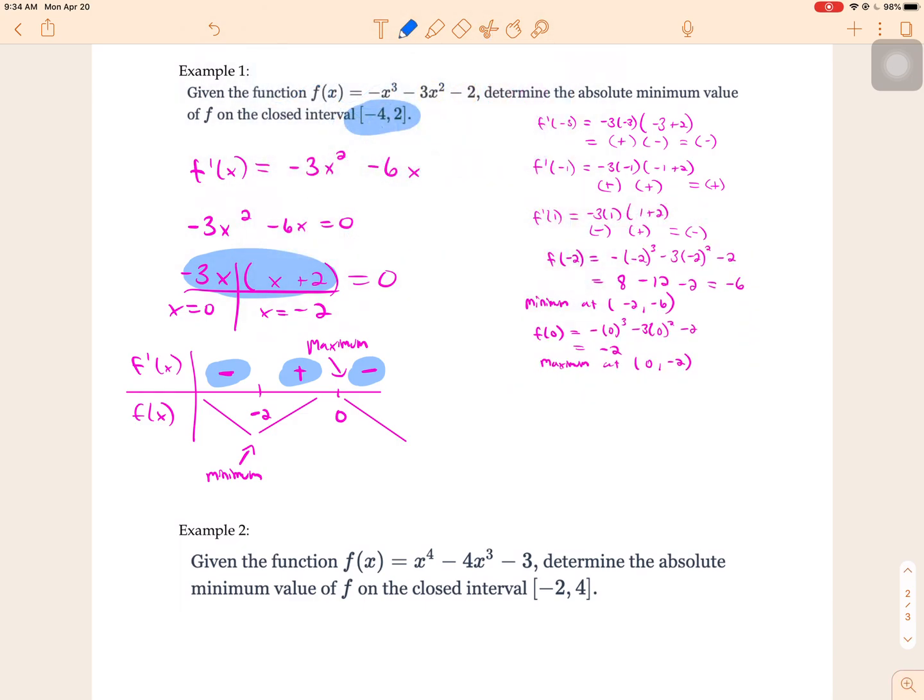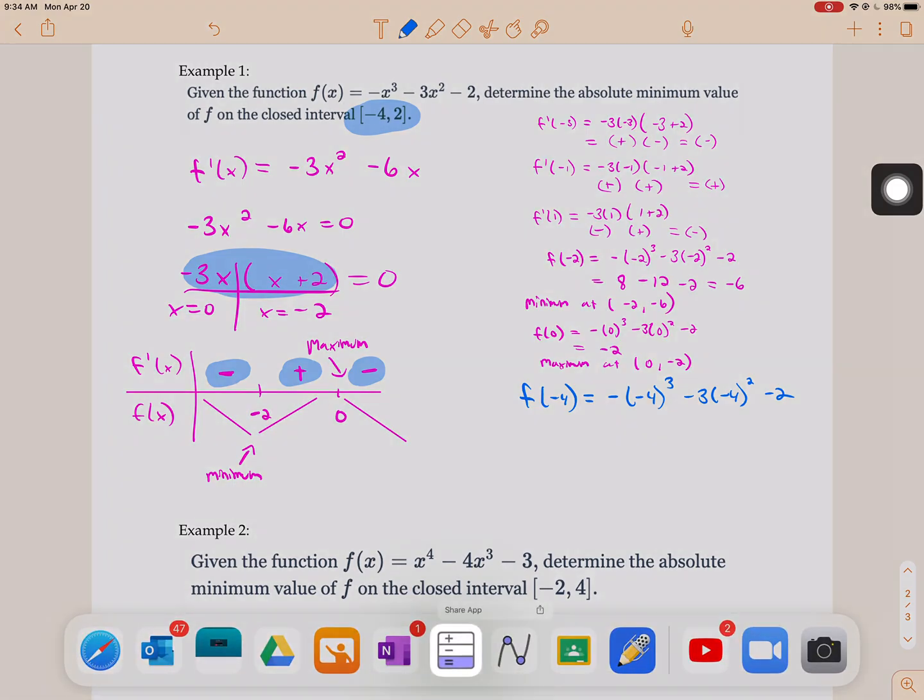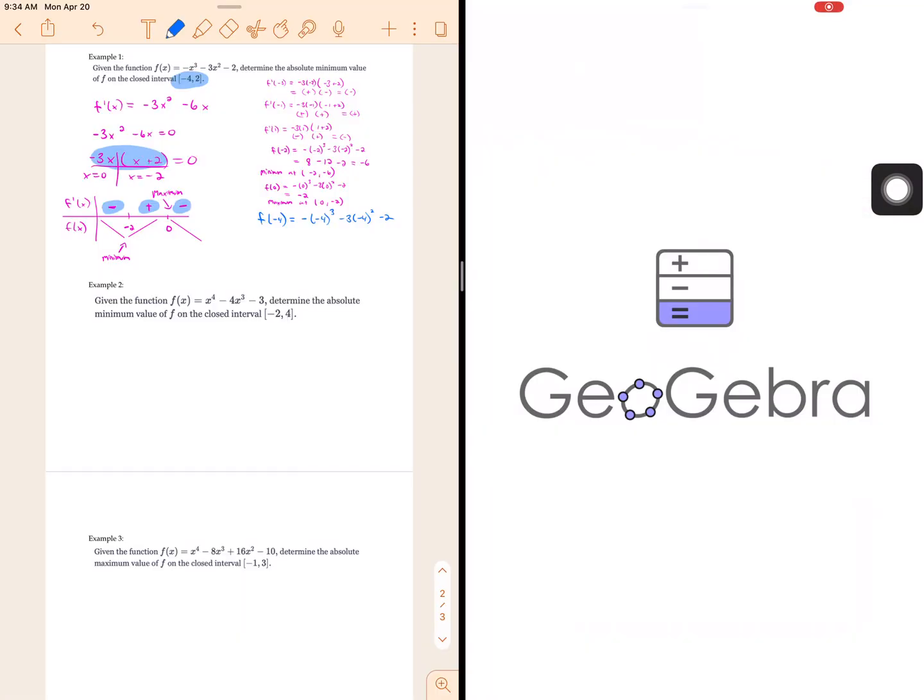So let's find f of -4. And it's going to be a little bit of work. That's okay. So you get -4 cubed minus 3 times -4 squared minus 2. Now keep in mind, if you put everything in parentheses that you're substituting in, you could just do this right in the calculator, and a scientific calculator will save us some time.